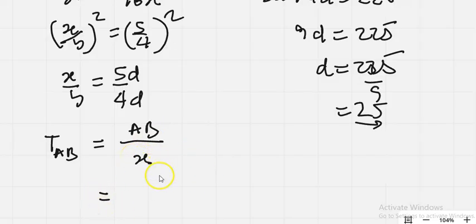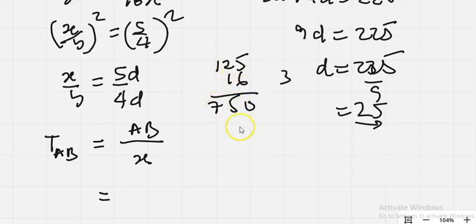We've gotten the value of x to be 125. So the first part of the distance AB will be 125 times 16, which is 2,000.